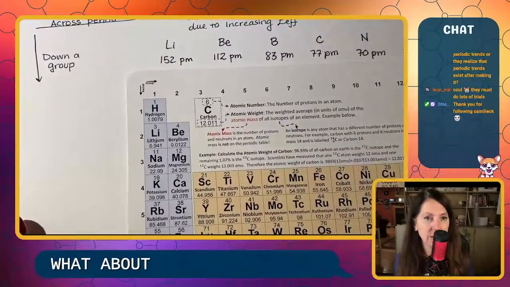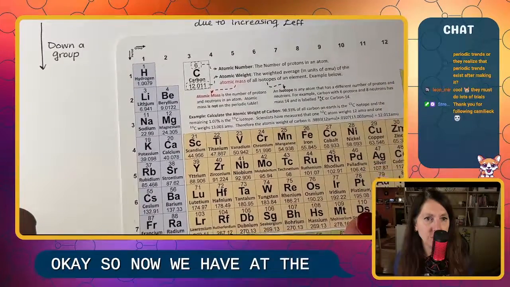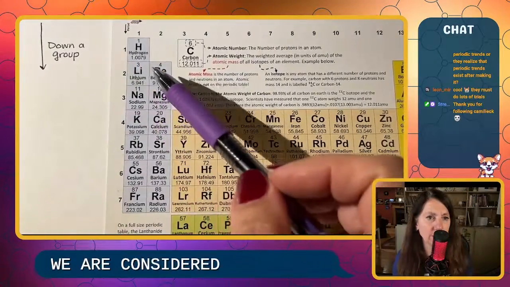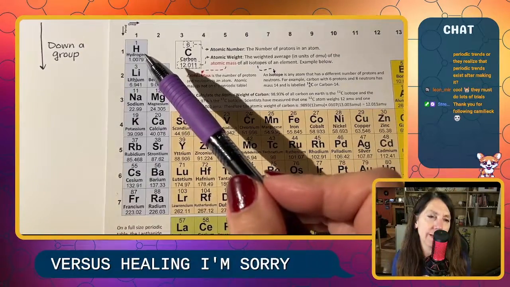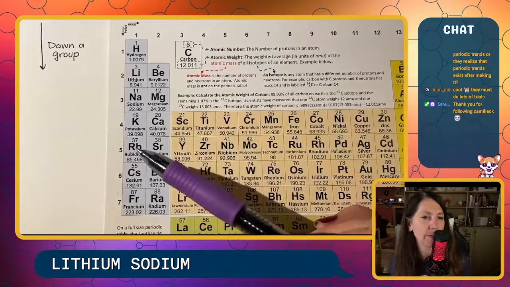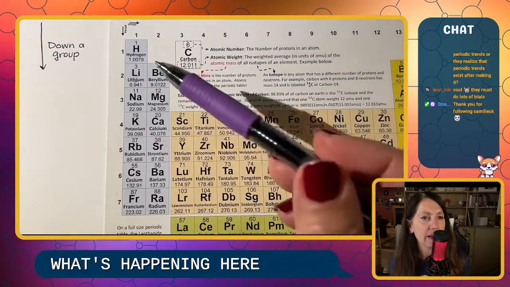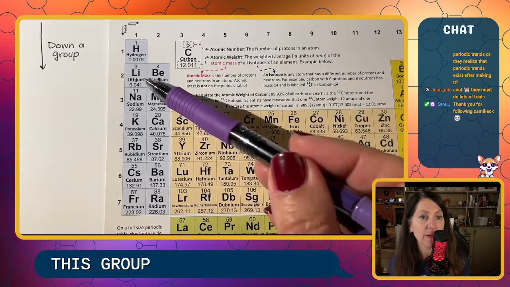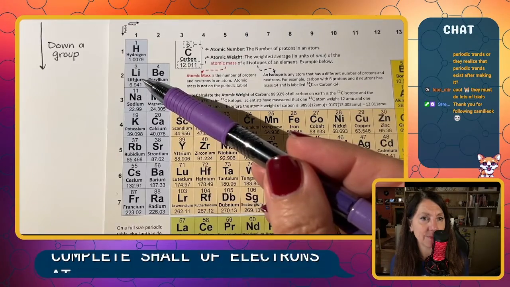What about down a group? Now we have a different situation, and we can just look at hydrogen versus lithium, sodium, potassium, rubidium, etc. What's happening here is that with each element in this group, there has been a complete shell of electrons added.